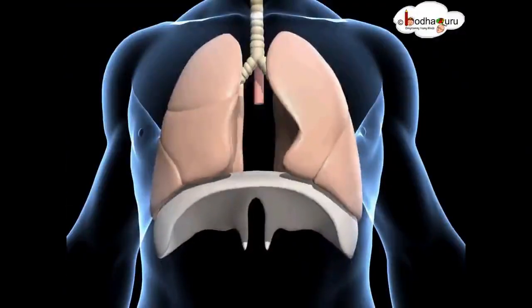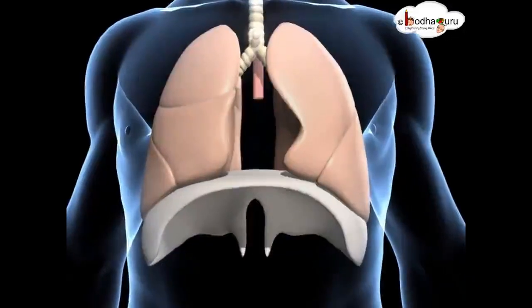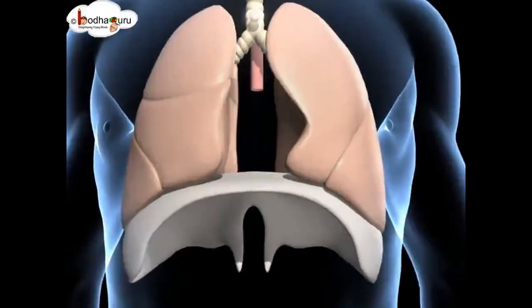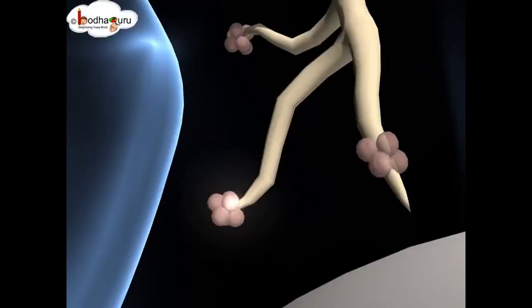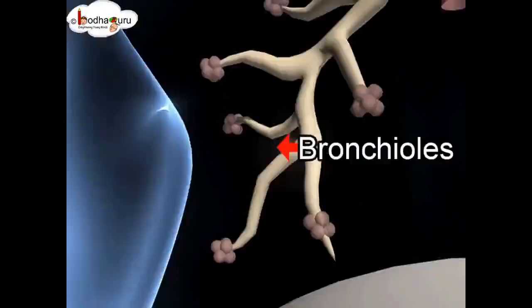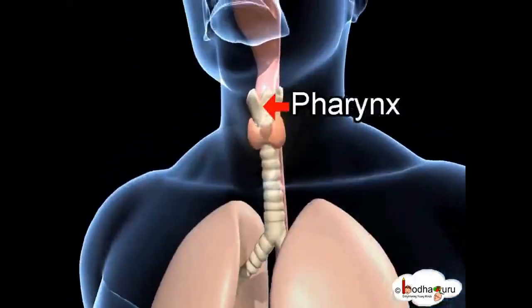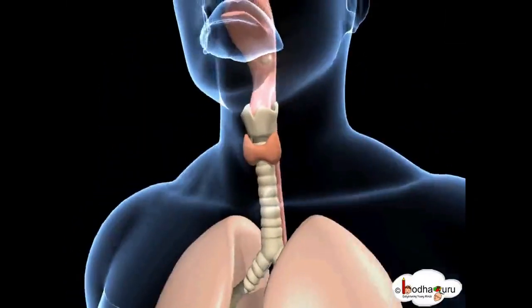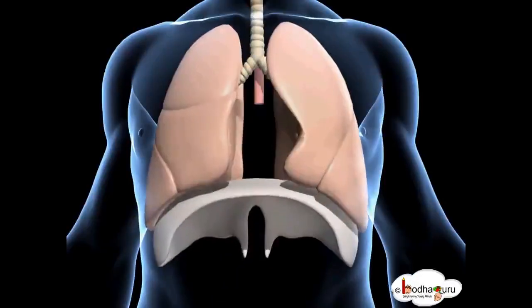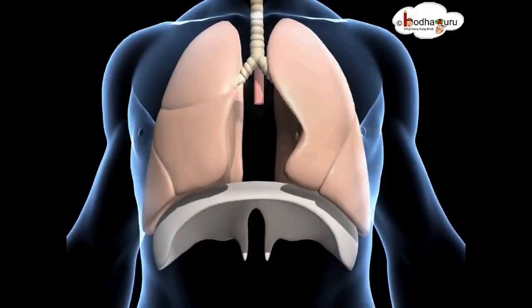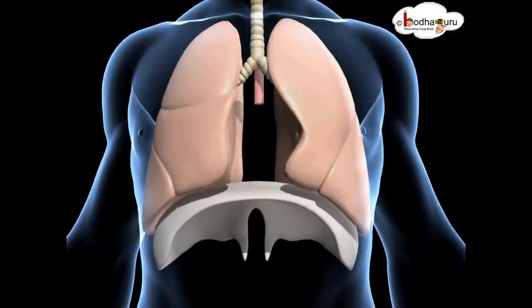When diaphragm moves up, putting pressure on the lungs, then the air from the lungs moves out of the body or gets exhaled, taking the reversed path, that is bronchiole, bronchi, windpipe, pharynx, then nose or mouth. We do this process, that is inhaling and exhaling, 12 to 20 times per minute.